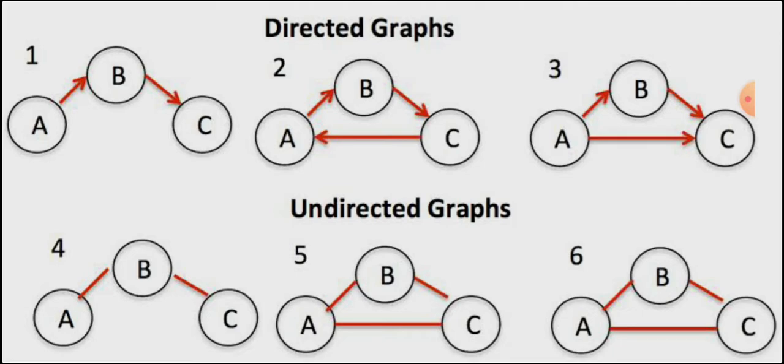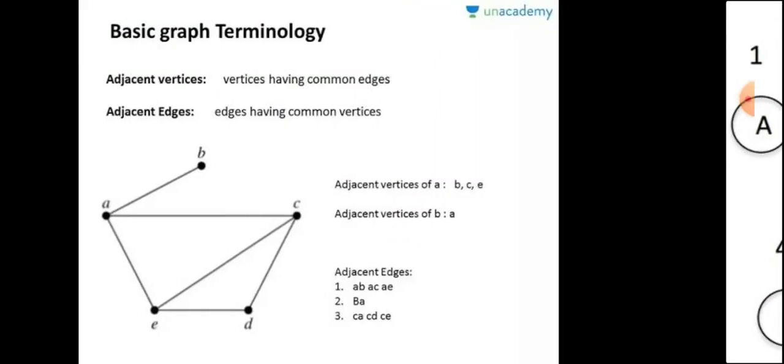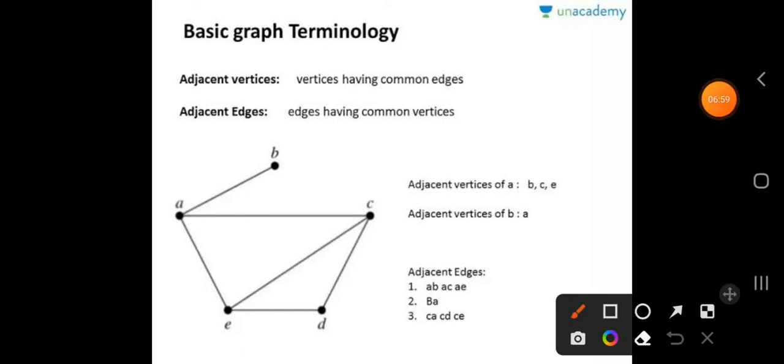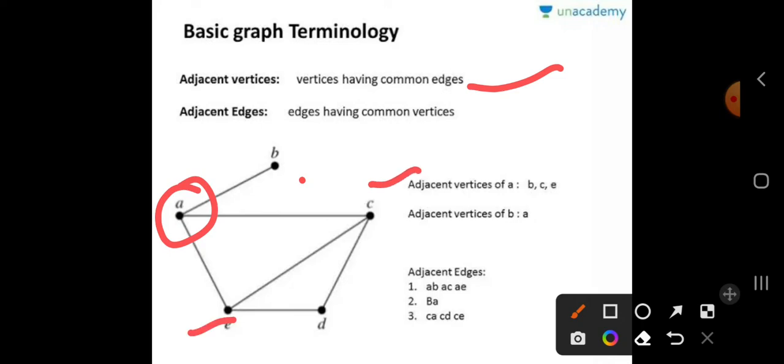The next thing that we need to discuss is adjacent vertices. What is it? Vertices having a common edge are called adjacent vertices. In this example, A can have a common edge to B, A can have a common edge to C, A can have a common edge to E. So B, C, E will become the adjacent vertices.